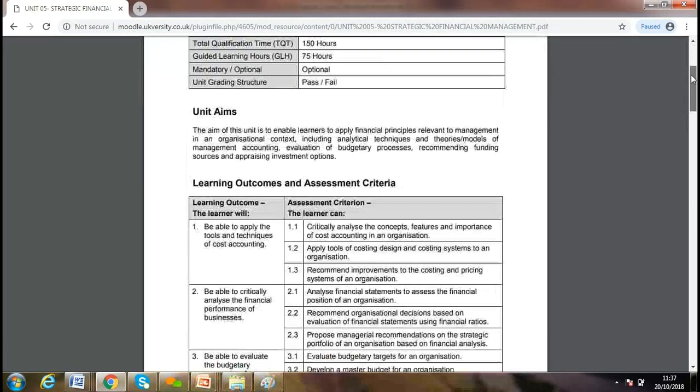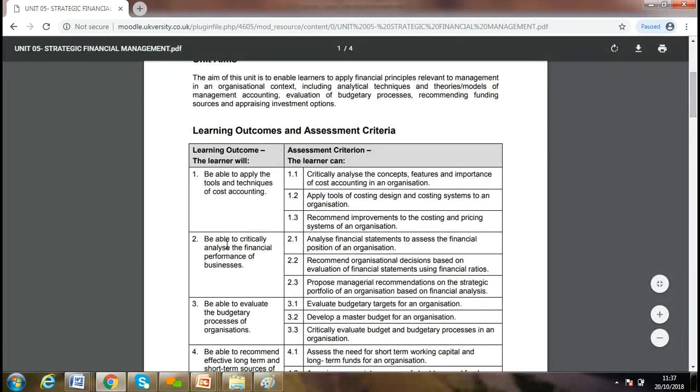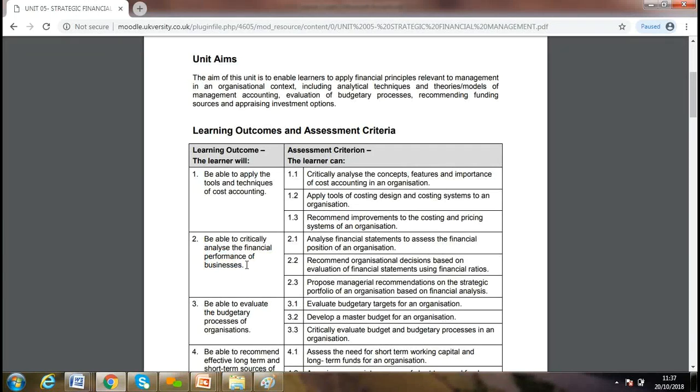So today's lesson will focus on LO2. Let's look at what LO2 is, what we're supposed to do, and what sort of assessment criteria are under LO2. LO2 is the learning outcome to be able to critically analyze the financial performance of businesses. Not just a business, we can compare various businesses' performance.